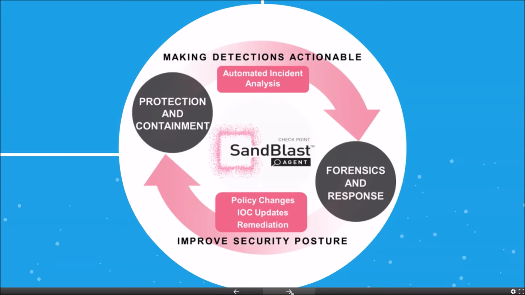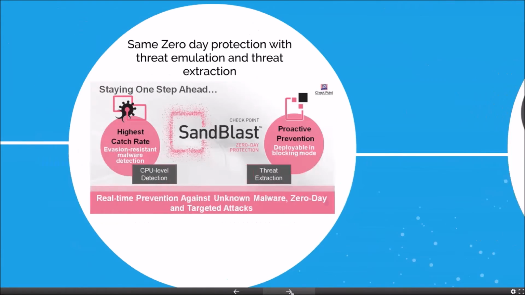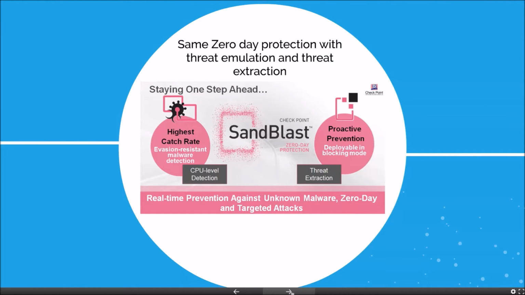Now, to augment the endpoint and to provide additional layers of protection and containment, we also add in our forensics blade and our anti-bot blade. So those four different security protections, threat emulation, threat extraction, anti-bot, and forensics, are what make up the Sandblast agent technology.